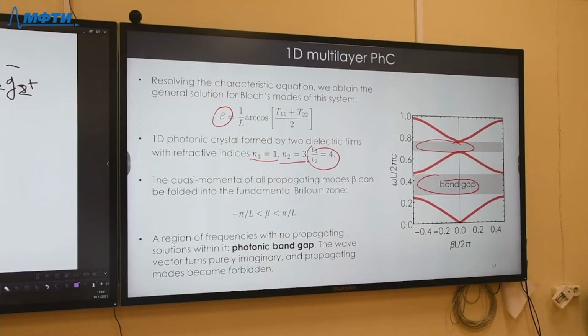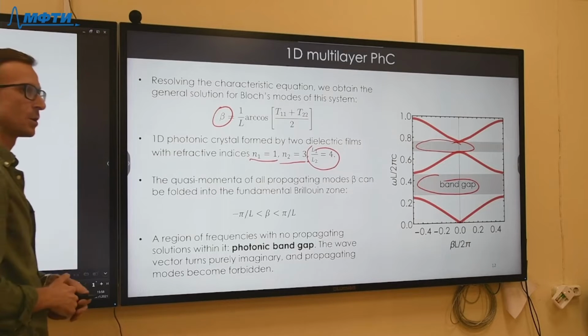This region, which does not contain any propagating solutions, is called the band gap, photonic band gap. There are no propagating solutions with real wave vectors within this region. The wave vector turns imaginary, telling you that the corresponding Bloch state exponentially attenuates as it propagates. So basically it doesn't propagate. This is the photonic band gap.